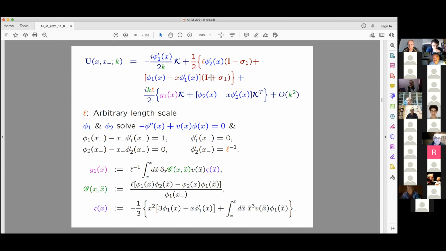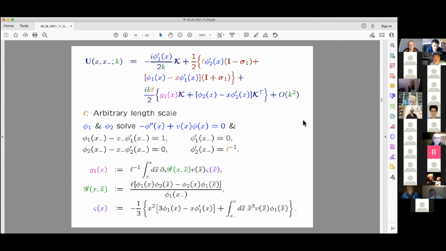Any more questions, comments? Yeah, Hugh Jones. I have just one comment on the one-dimensional scattering. I think at one point you were talking about transparency and you said T equals order k cubed.